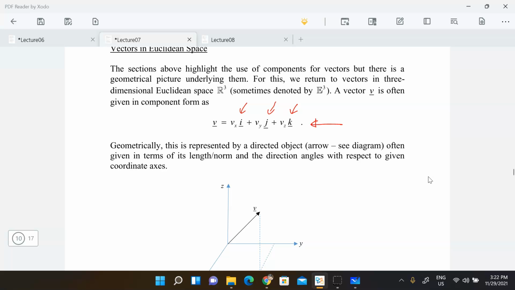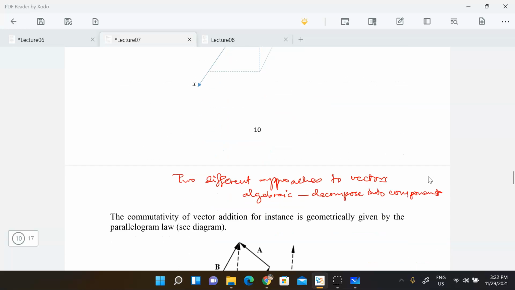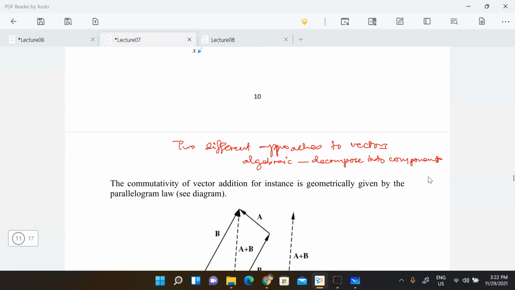But the other one will be geometric, which is less dependent on your components. Okay, let me just mention why one needs to have these two different versions. The component is good for calculations, but one of the problems that comes with component, this depends on coordinate systems.